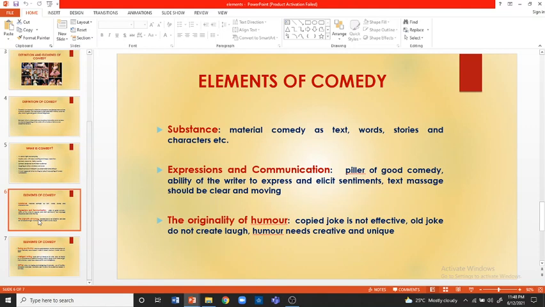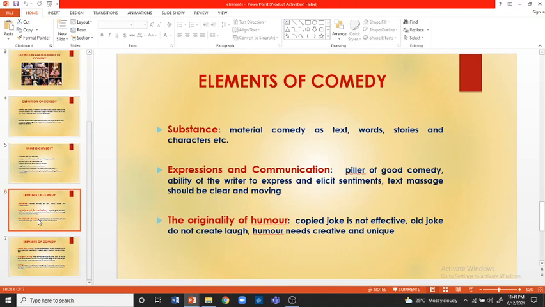Next thing about this element, expressions and communication, is that until the text or message of comedy is clear and moving, the reader will not be pushed into the state of delirious enjoyment.